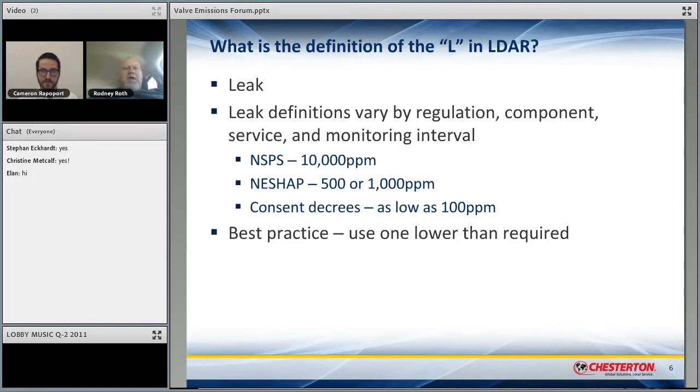That will be called enhanced LDAR. What typically happens is those leak definitions drop, well, all of the enhanced LDAR is 100 parts per million or less. The 10,000 is a national standard. Of course, if you're looking at the screen, you can see some of the other definitions there, 500 to 1,000. We're all going to be at 100 parts per million in the very near future.